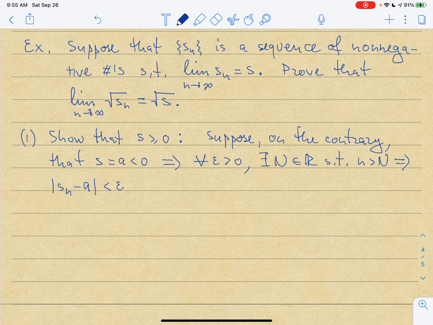All right. Okay, so Sn is a non-negative number. A is a negative number.